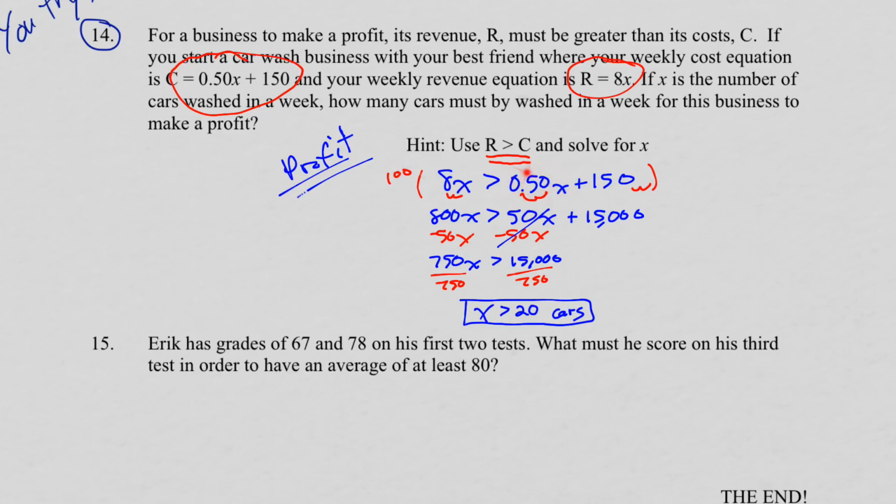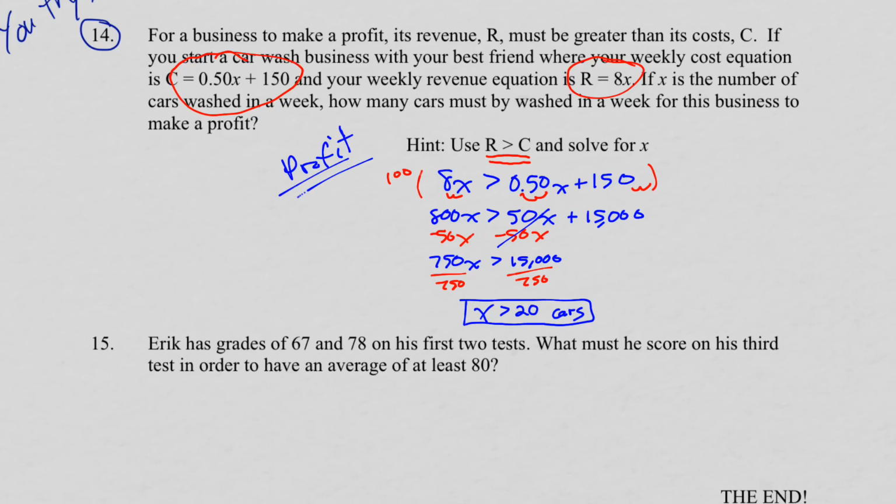If I do it to this, I have to do it to each side. So basically my 8 becomes 800, my 50 cents becomes 50, and my 150 becomes 15,000. And so now I don't have to deal with decimals. I just do 800 minus 50, which is 750. And then I do 15,000 divided by 750, and I get 20 cars.